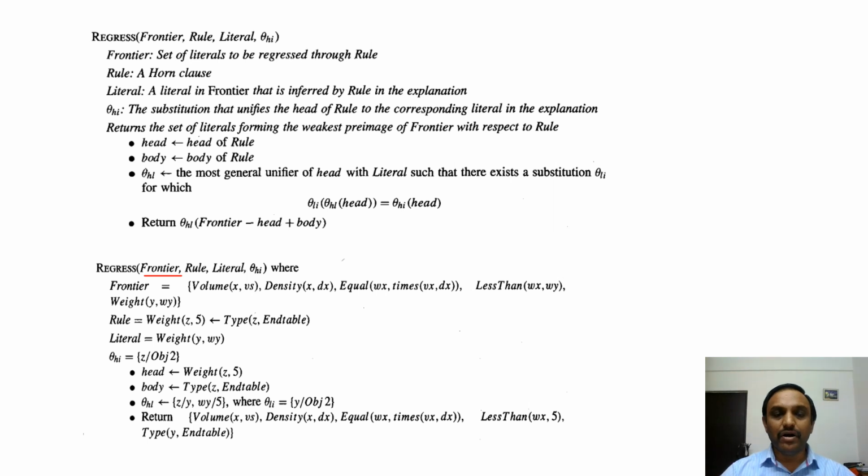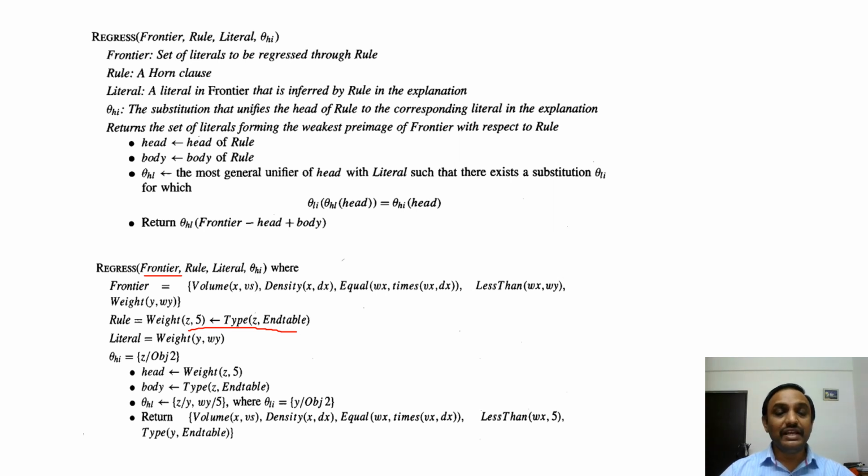In the bottom level, all the leaves present in our example, we are considering as the frontier. From the next step onwards, we try to reach the destination. So what is the rule we are considering? That is one Horn clause: end table weight is 5, in this case.